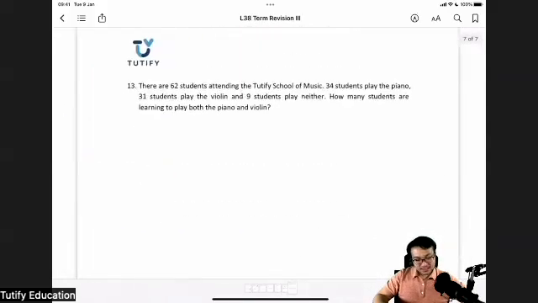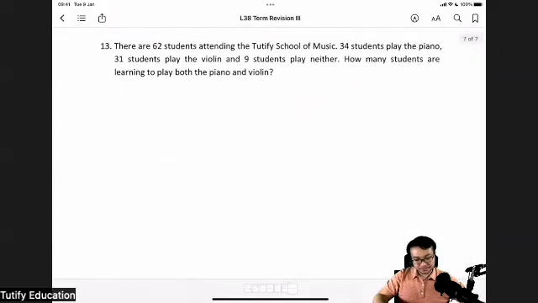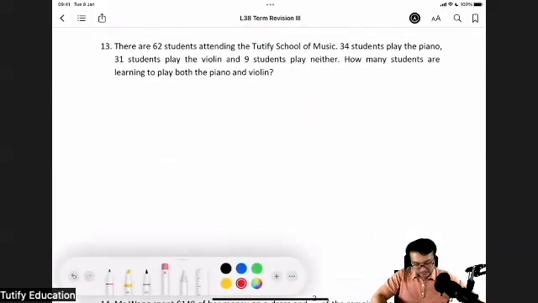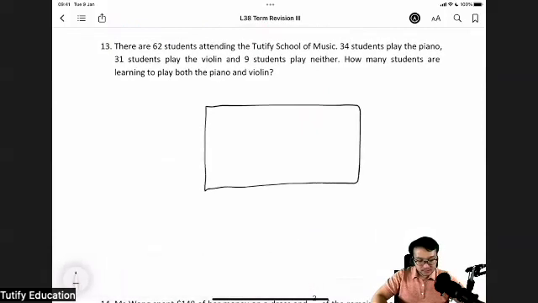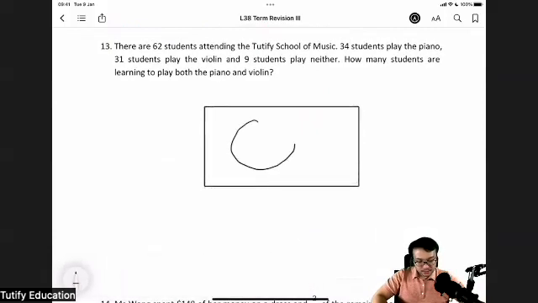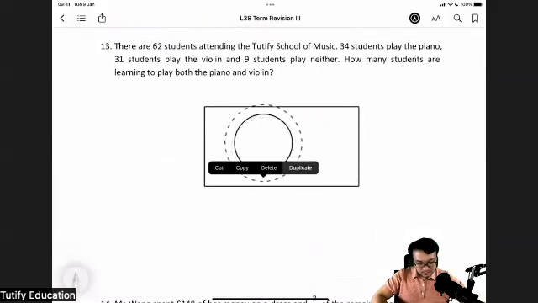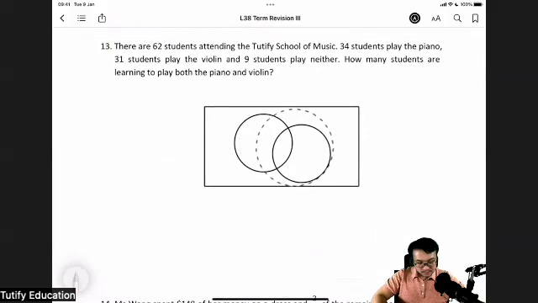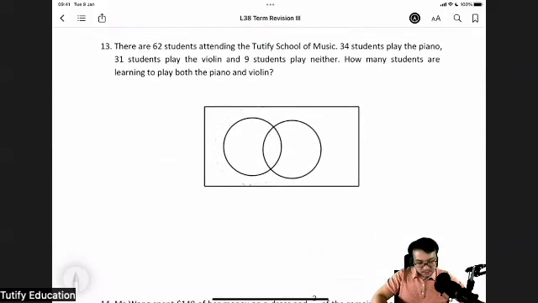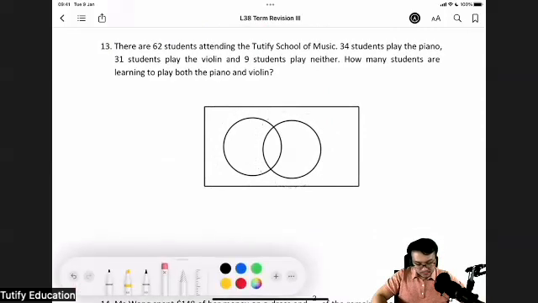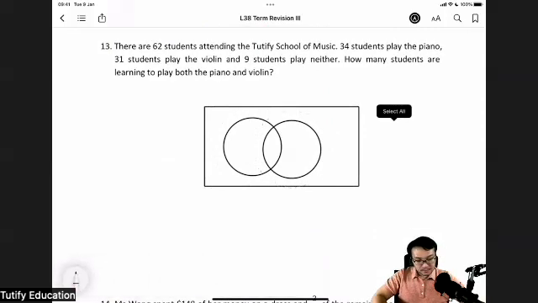Okay. So let's try the next one. Okay. Read the question before we begin, okay? This question has got to do with Venn diagrams. So I'm going to draw a rectangle here, a circle here, a circle here. Okay, so I have two circles overlapping each other, and I have a rectangle.